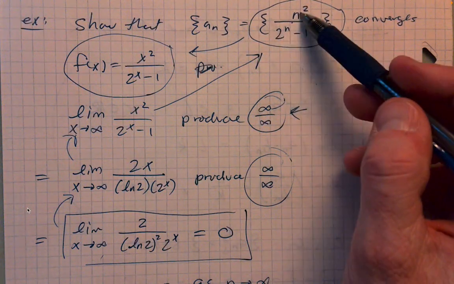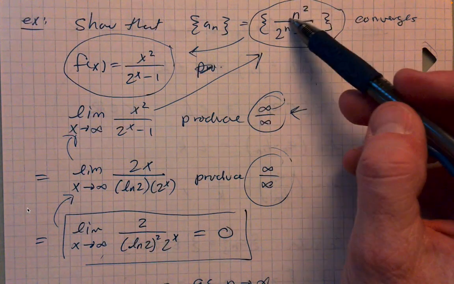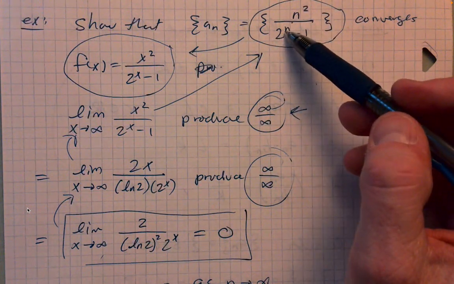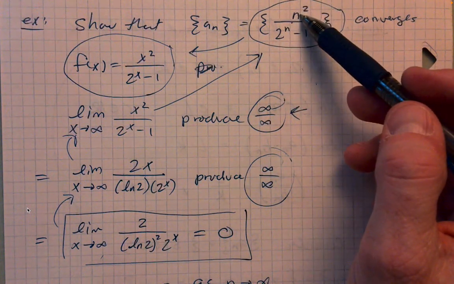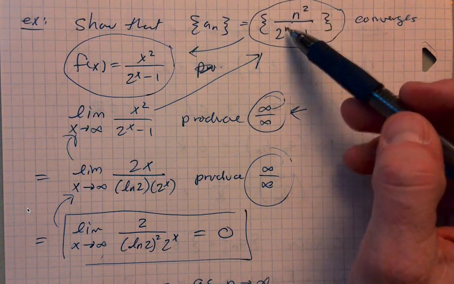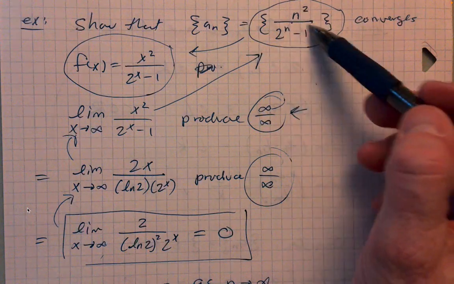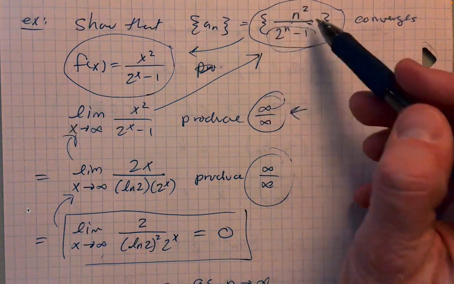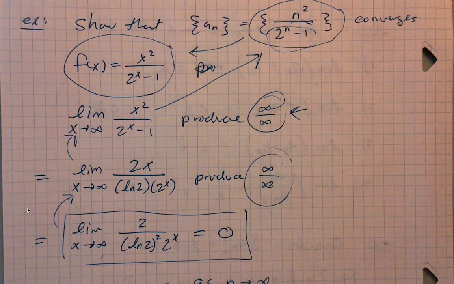So the top will be 3 squared, and this will be 2 to the 3rd power. Once we get to 4, this is 4 squared and then 2 to the 4th power, and then 5 squared and 2 to the 5th power. So this denominator is going to overtake the numerator at a certain point.